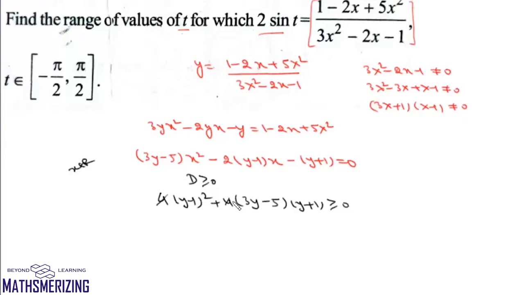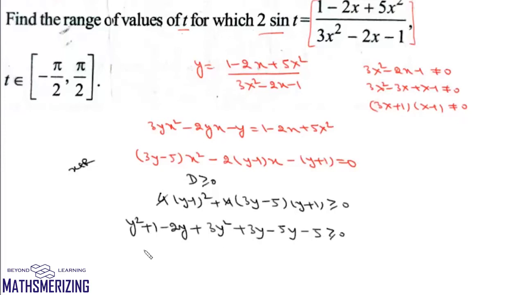Now 4 will cancel. So we'll write y square plus 1 minus 2y plus 3y square plus 3y minus 5y minus 5 is greater than or equal to 0.